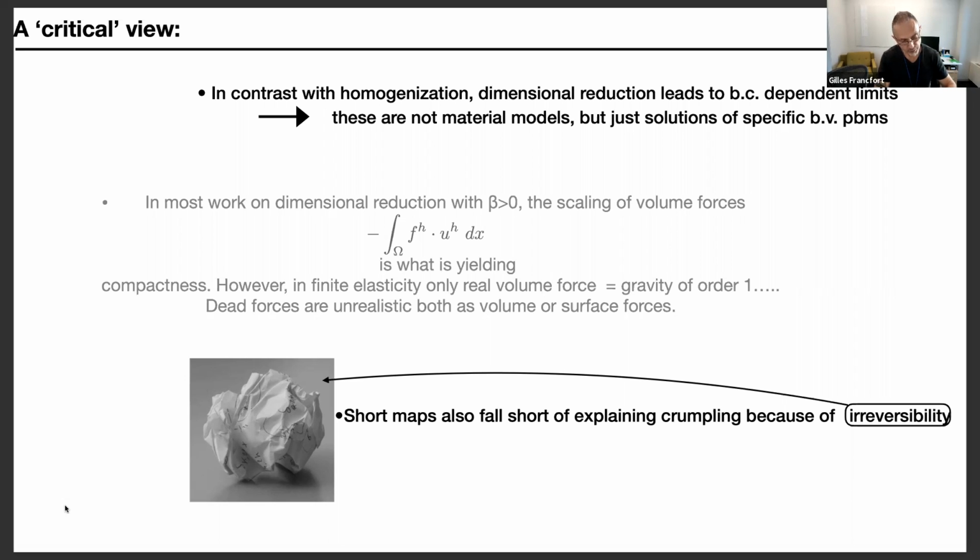Maybe the situation would be a bit different if you were able to get what in homogenization is usually called corrector type results, where somehow you can say u is a good approximation of u_h, and the order of convergence is such, but there are no results like that I know of. So from this standpoint, you cannot compare to experiment. All you can compare is the model that you obtain.